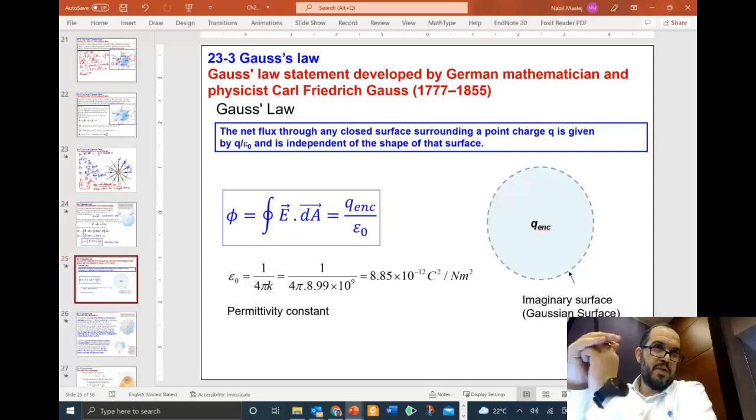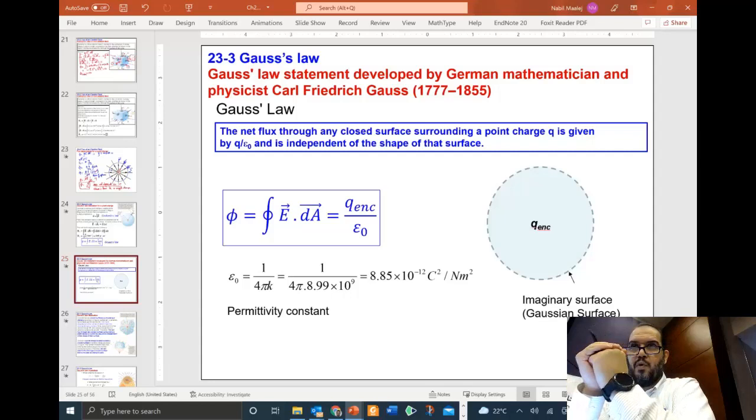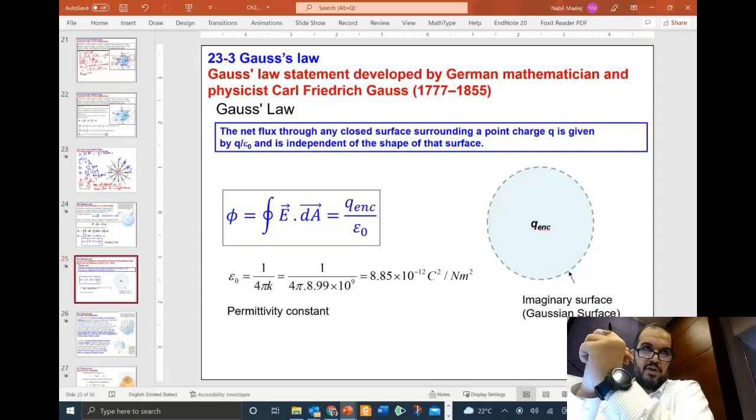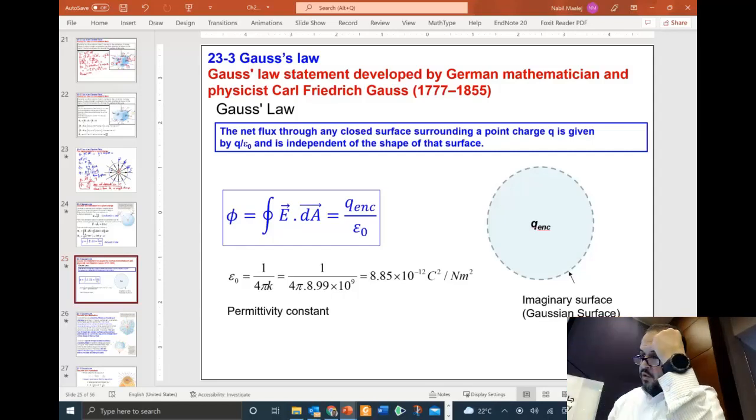If you can prove it to me and bring me the derivation, this is a challenge, you will get a bonus point that will count significantly. It's a mathematical proof for any surface. It's not simple.